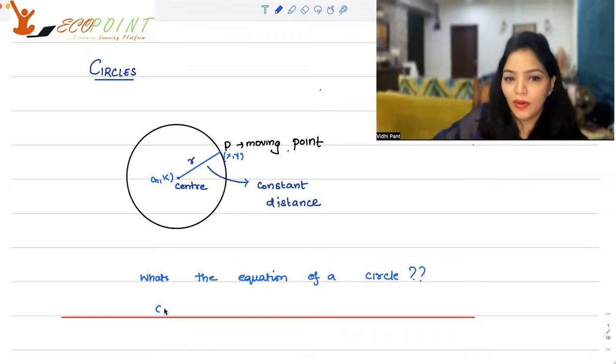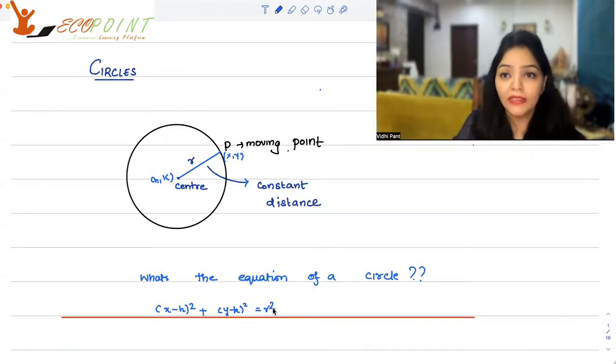For any (x, y), you have (x minus h) square plus (y minus k) square is equal to r square, keeping in mind the distance formula. So r is equal to the square root of (x minus h) square plus (y minus k) square. When you square both sides, this is what you will get, and this is happening for all (x, y) which satisfy this equation.